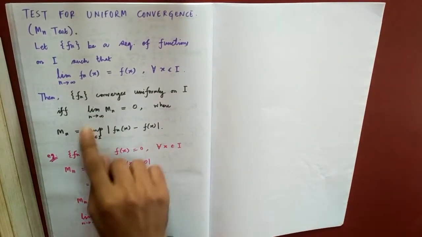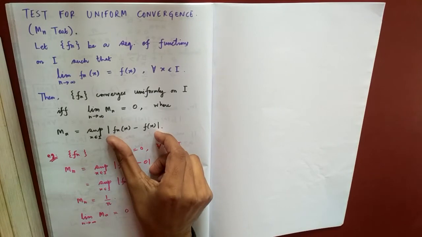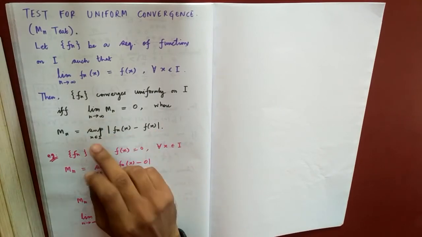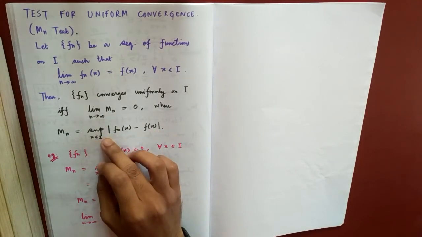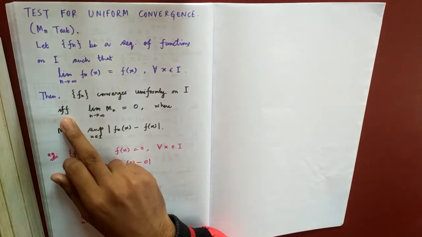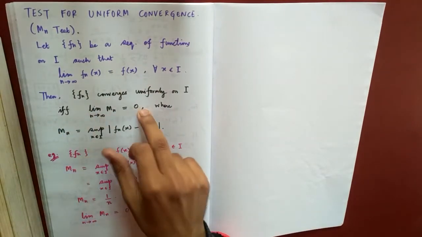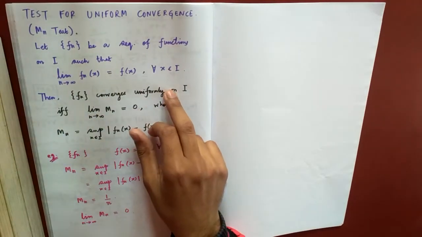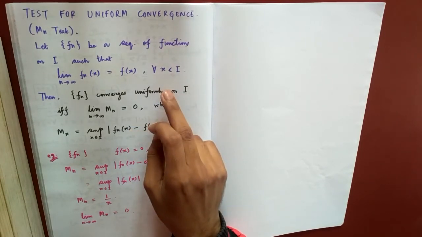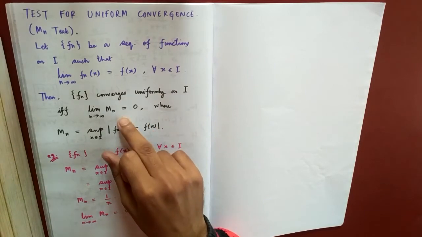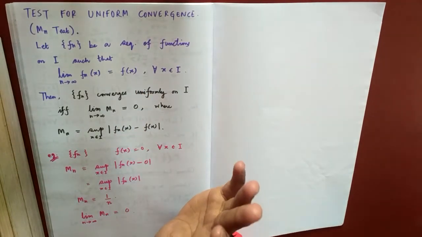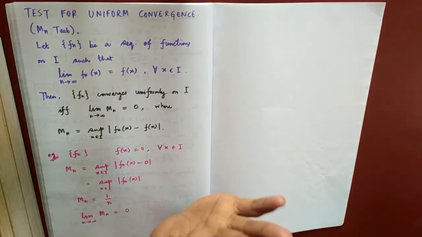Mn is the supremum of Fn(x) minus f(x), where x is from I, and this is an if and only if condition. That means if limit Mn is 0, then uniform convergence, and if the limit is not 0, then not uniformly convergent on that particular interval.